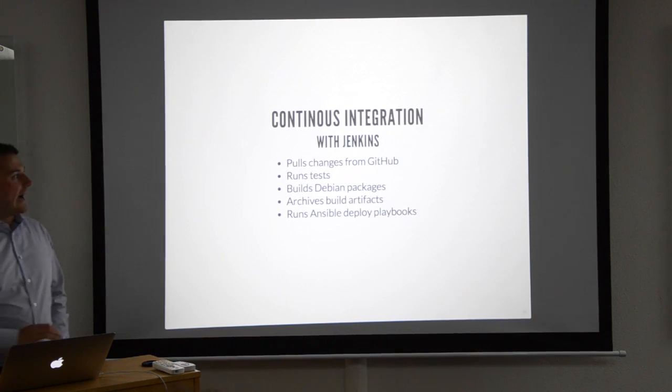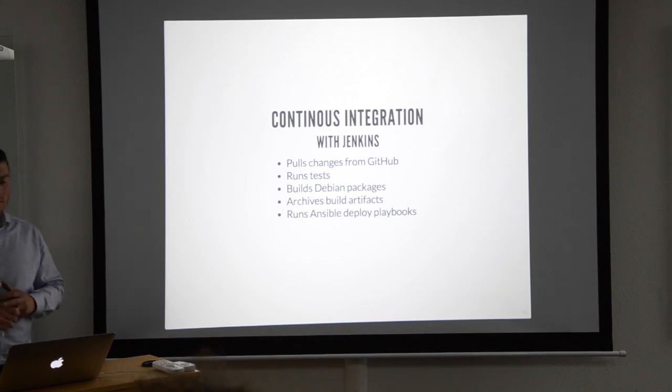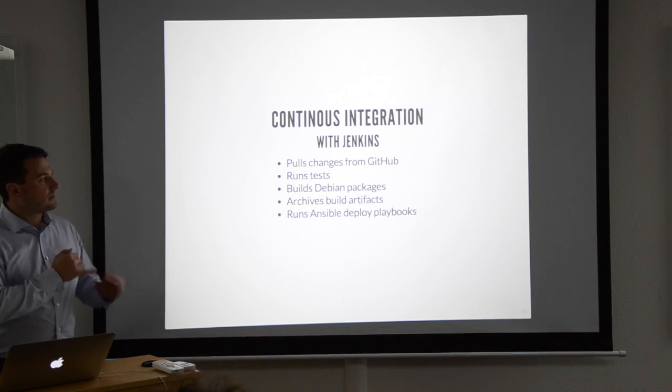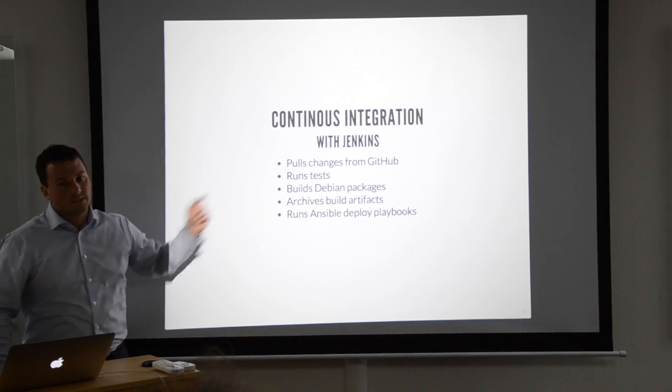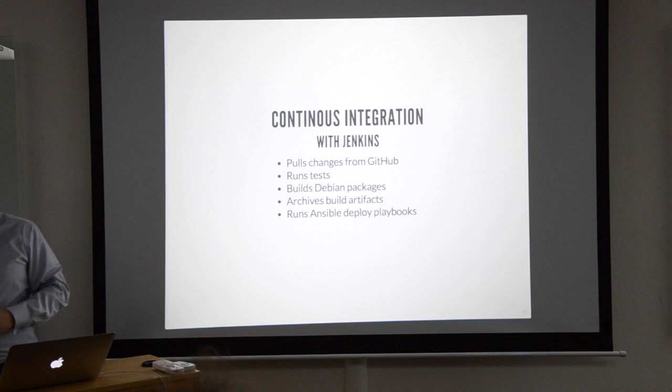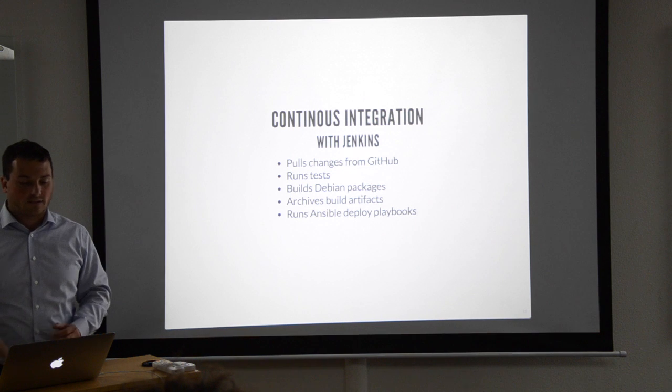Okay, so outside of Ansible, we have continuous integration. The biggest thing for us, in terms of deploying Node.js, is probably building Debian packages. So earlier I talked about that NPM downtime and how we handle packages and dependencies, and how dependencies may change over time.